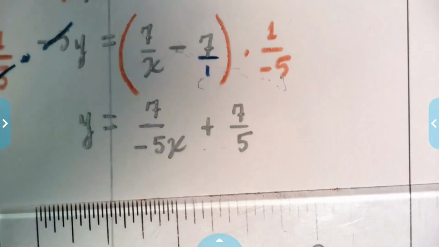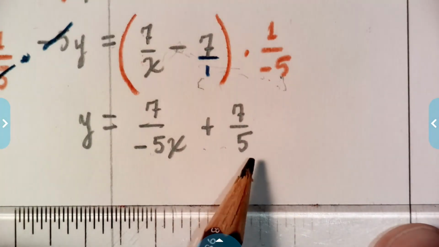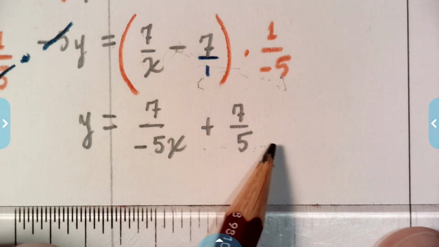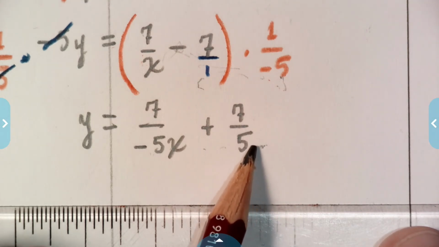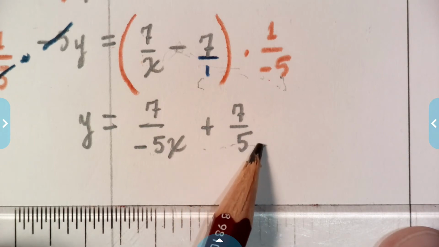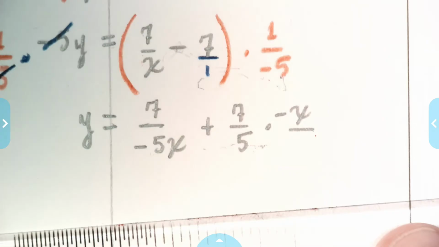So what I would want to do is multiply by negative x here, see? Then that would give me negative 5x. But watch what I'd have to do. I'd have to multiply by negative x in the numerator and in the denominator.